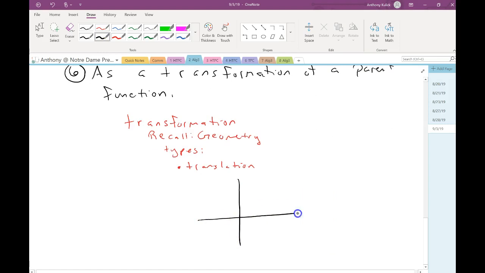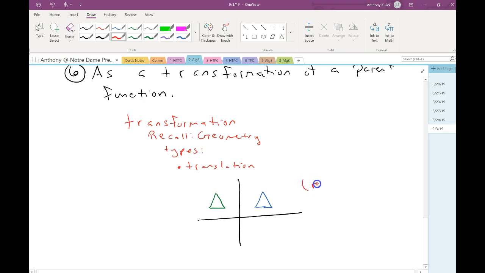So if I had a shape in the XY plane and I just moved it over to a new location, but the shape stayed the same, the size stayed the same, and the orientation stayed the same, that's a translation.